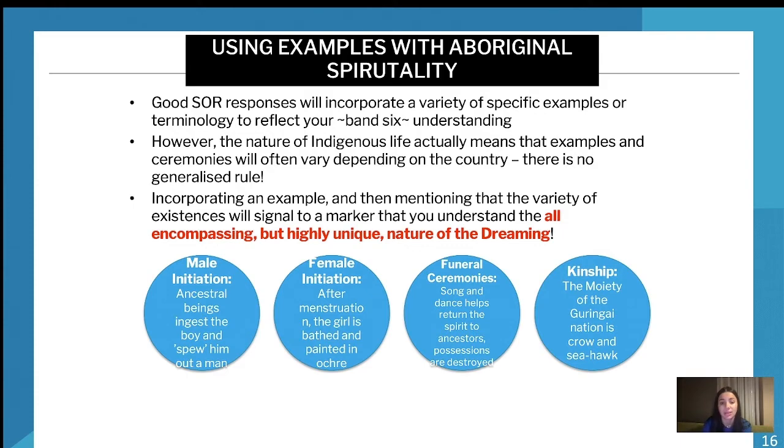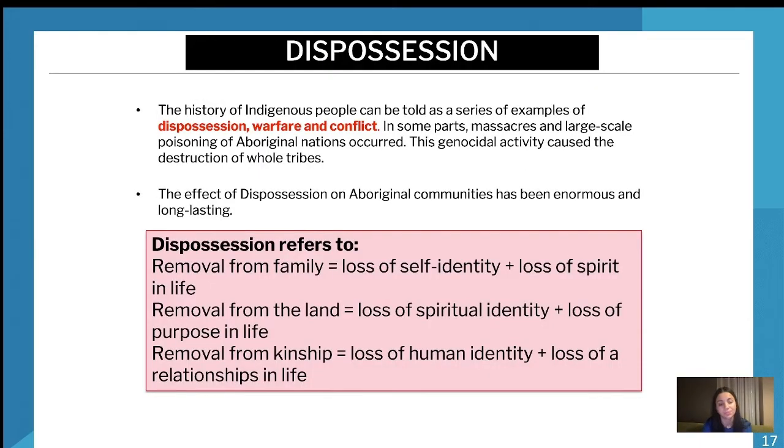But that's just an example of how you can bring in a specific example, and you can imagine how that's much better than just saying ceremonies and that dot point of ceremonies to the land. If you actually mention, for example, a funeral ceremony, that's going to show your marker that you understand the encompassing but unique nature, especially if you mention the variety of existences and how they can differ depending on the country.